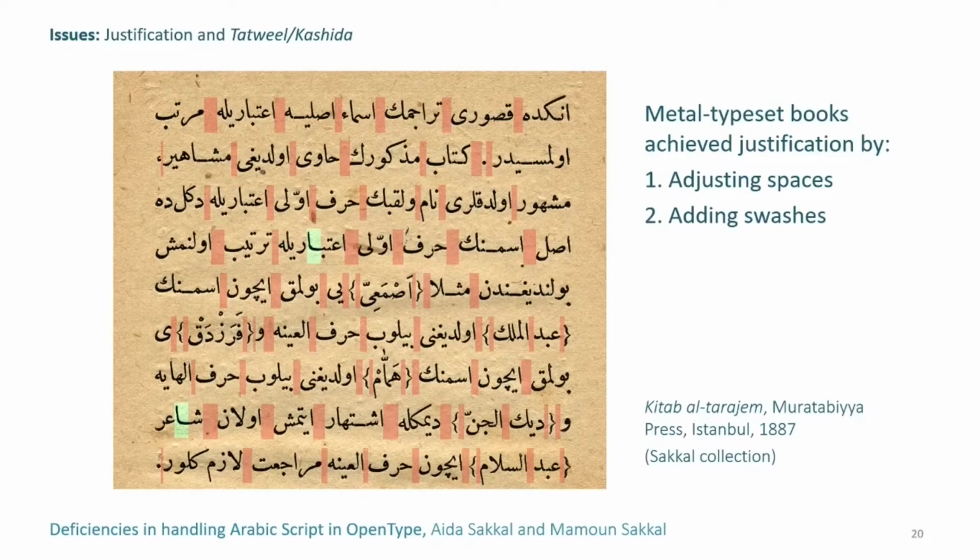In addition, there are a couple swashes where the extension is provided by a special form of the final alif shape. Notice that these are actually in the lines where we already have white spaces, so there was a real need to include these here.